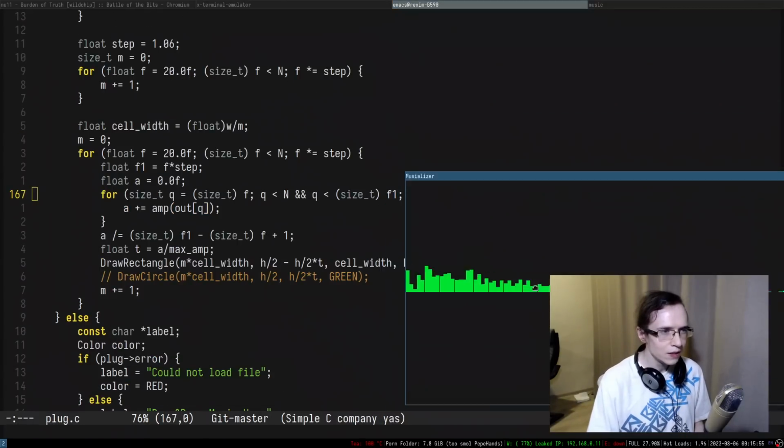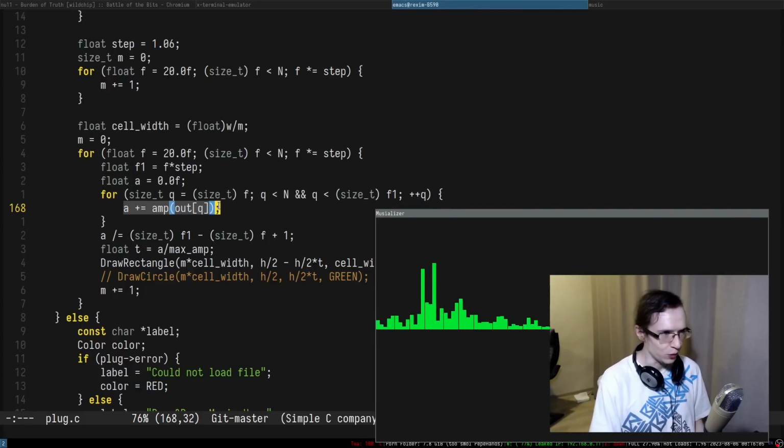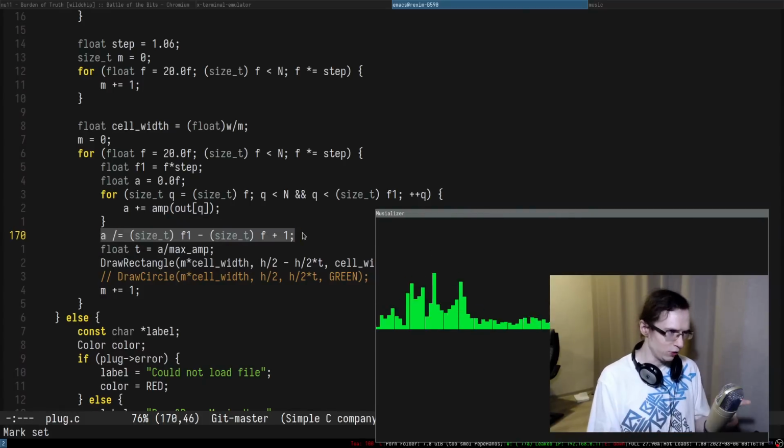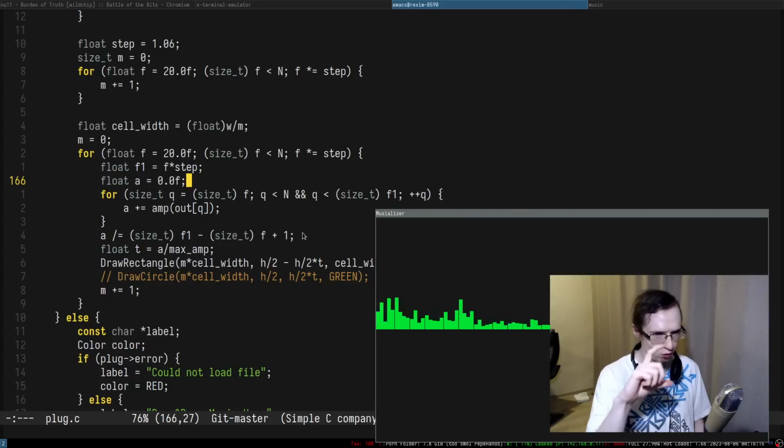So here we are iterating over the frequencies for a specific chunk. And here I'm accumulating the frequencies, and then I divide by the size of the range. If I want to do a maximum, A is already 0. It holds the value that is going to be used as the height of the bar.